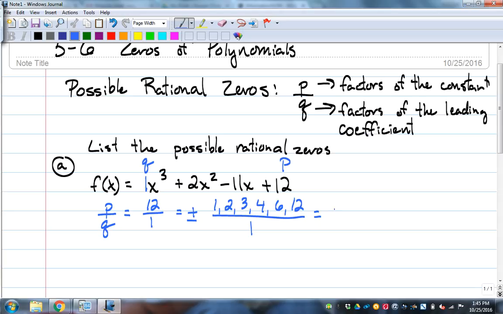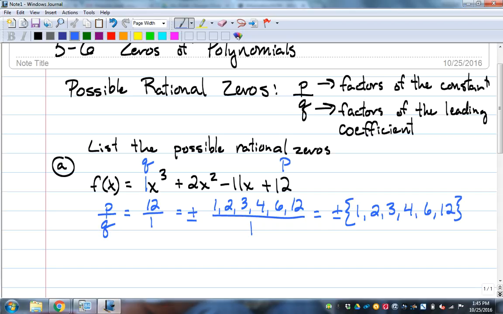So the possible rational zeros, and I'm going to write it like this, plus or minus, with a little curly brace: positive or negative 1, 2, 3, 4, 6, or 12. Those are the only possible rational zeros for that particular polynomial.